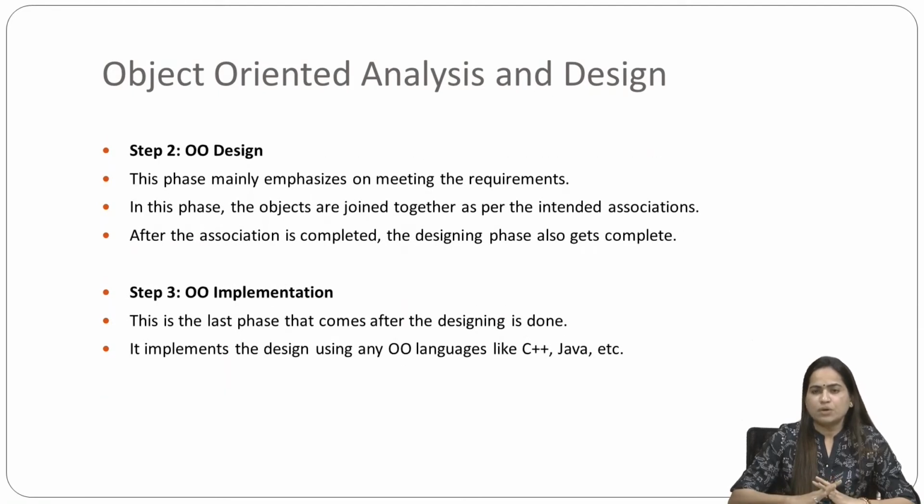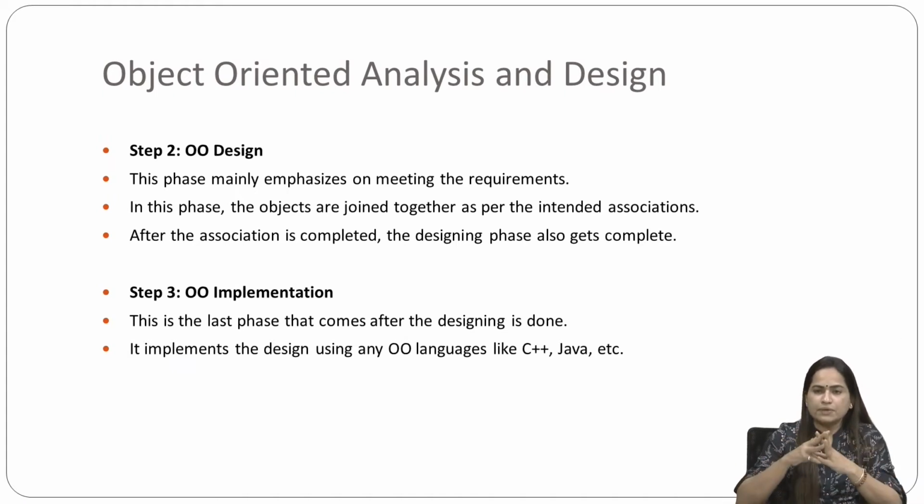Second step we have, that is object oriented design. Now in the first phase we have analyzed the system, identified the objects, and identified the responsibilities of those objects. Moving forward to step 2, that is object oriented design. This phase mainly emphasizes meeting the requirements. In this phase, the objects are joined together as per the intended associations.